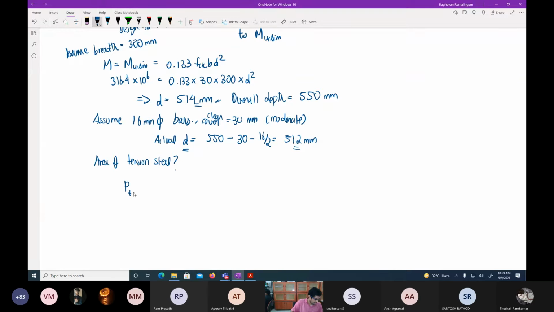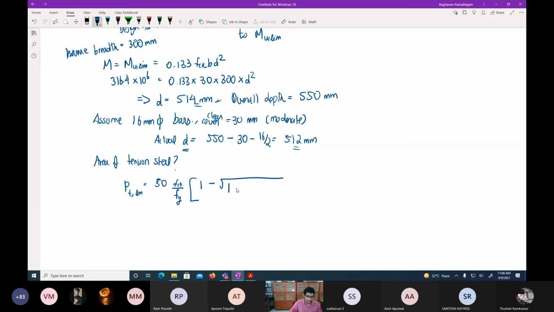Pt limit equals 50 fck by fy into, it's a big formula, but it actually comes from solving two equations.